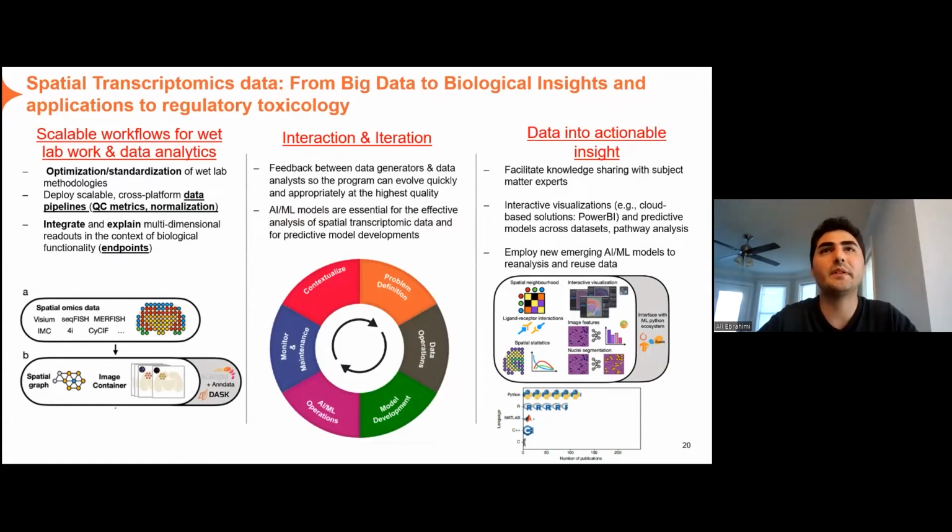Also, the endpoints for these data sets are not super clear at the moment. There are various computational tools that are coming up, and they each might do different ways of normalizing the data, different ways of measuring the spatial variability of the genes, which would make it difficult to integrate these data sets and report these data not in a single publication, but as a collective.